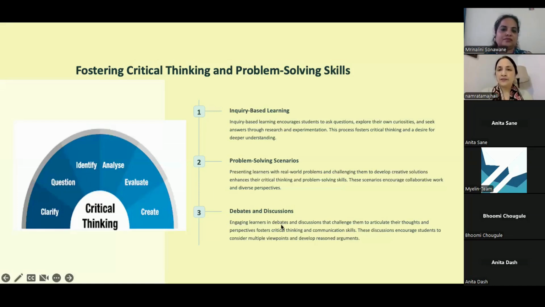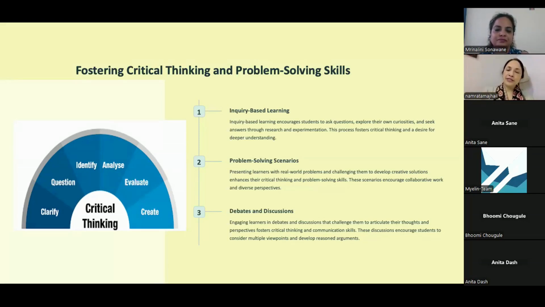Debates and discussions. We are very shy to discuss certain things because we feel it probably will become political and religious or something like that. But beyond that, there are many debates and discussions which we can have in the classroom from your subject point of view. Ethics in medicine when you're talking about biology, ethics when you're talking about flyovers and bridges collapsing, what could be the reason.